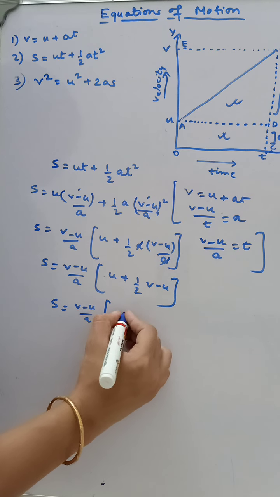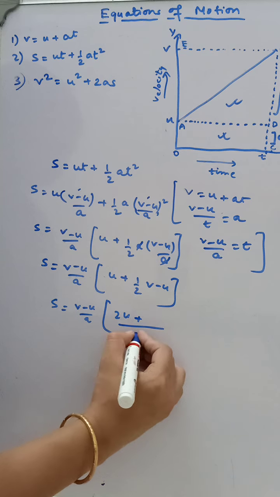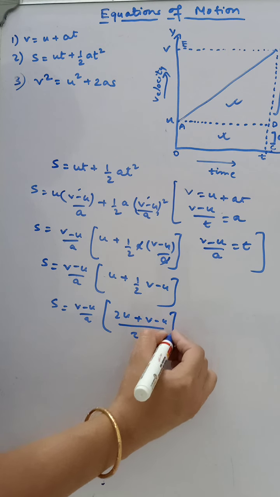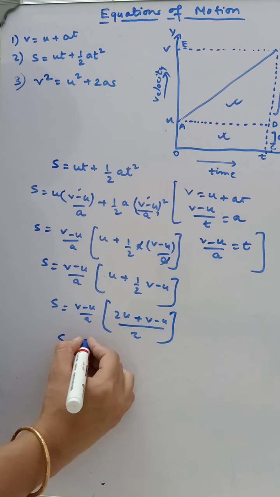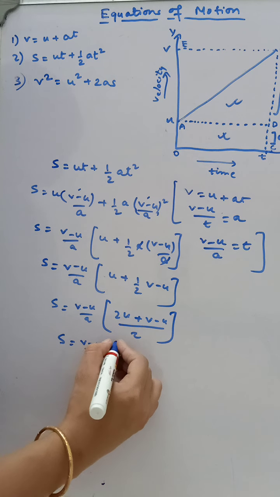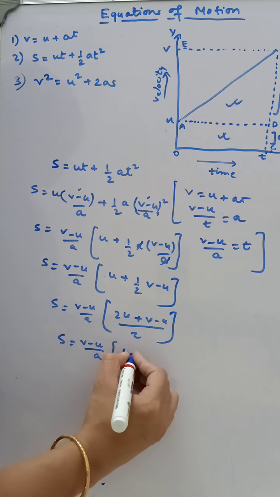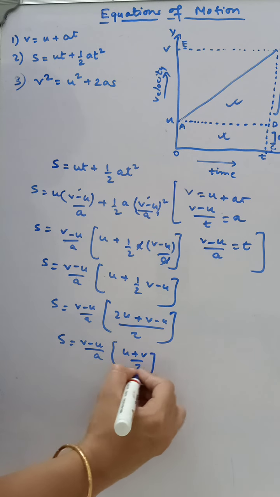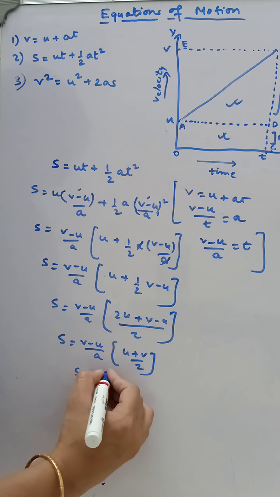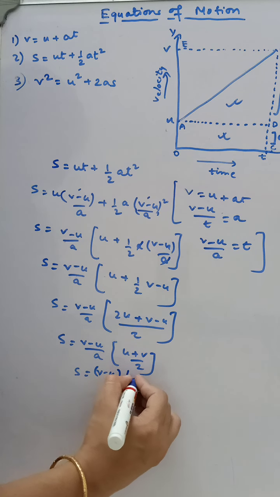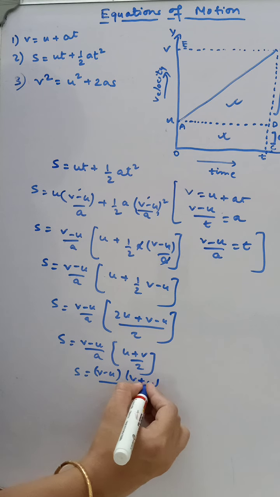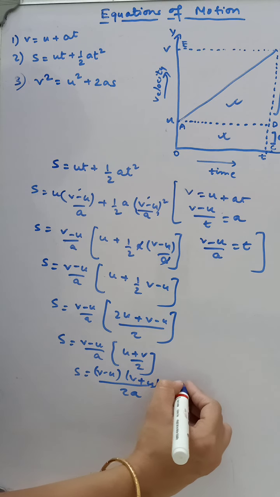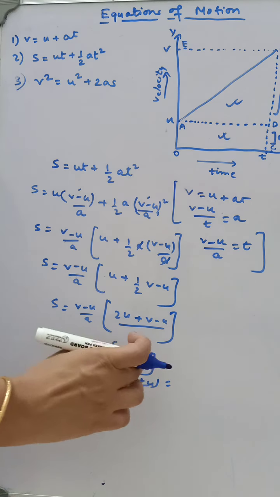If we take LCM, 2, and solve it, we get (u + v)/2. So s = (v - u)(v + u)/2a. Here we will use the (a + b)(a - b) formula.